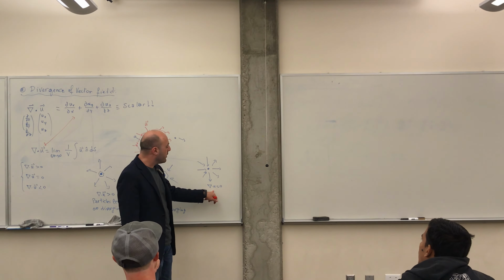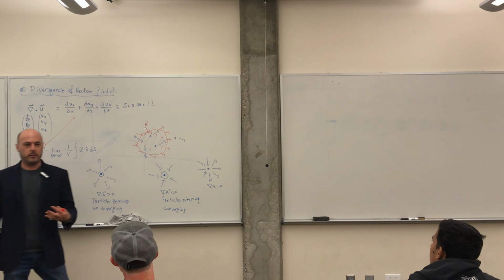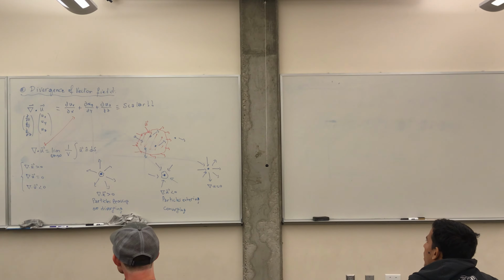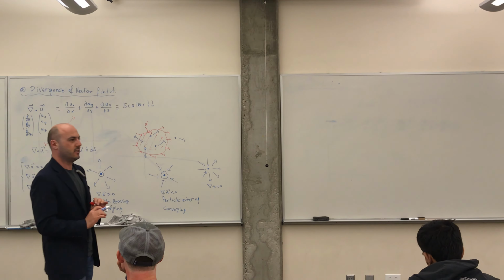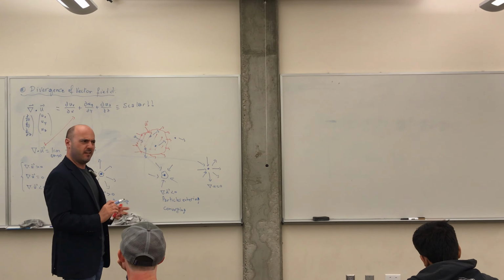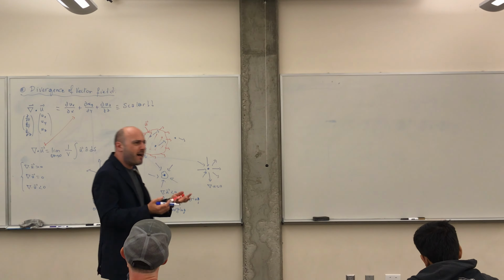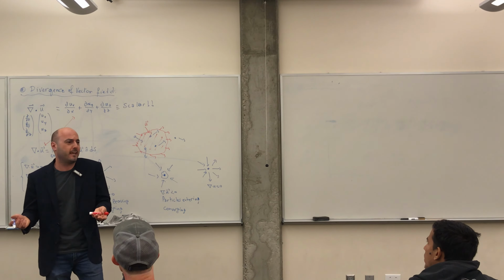Why? We're going to show later that div u actually is the net outflow of fluid volume. Okay? The net outflow of fluid volume. I mean, we understand net outflow of mass, but net outflow of volume, well, we always measure volume flow rate, meters cubed per second, right?